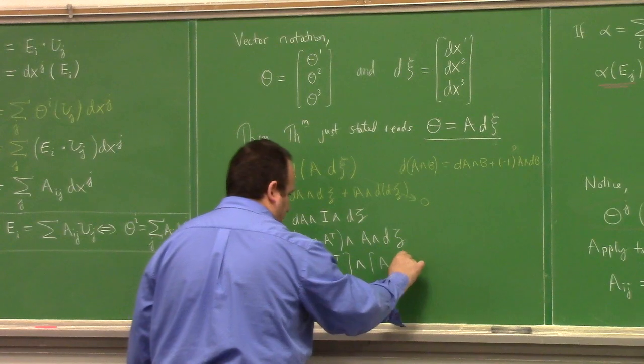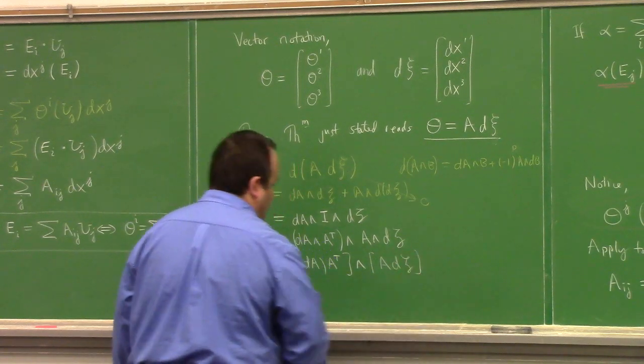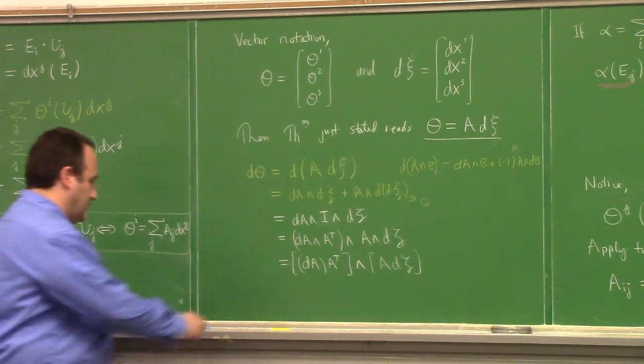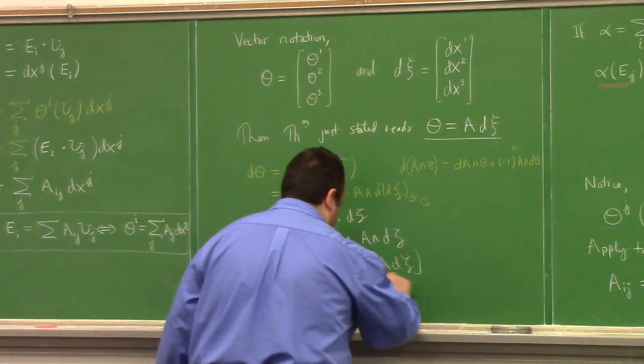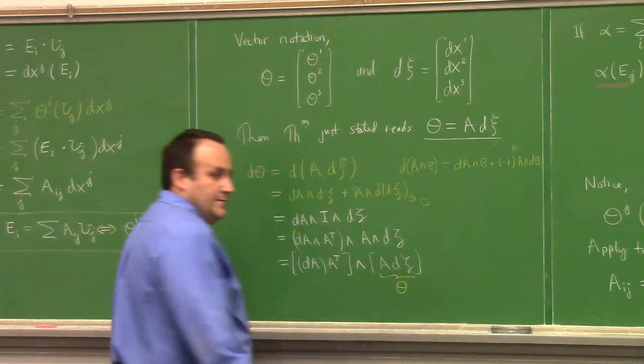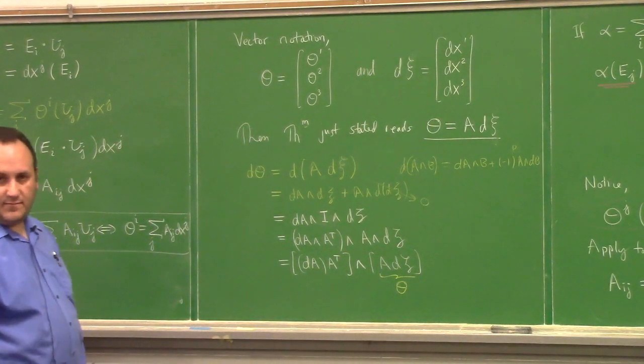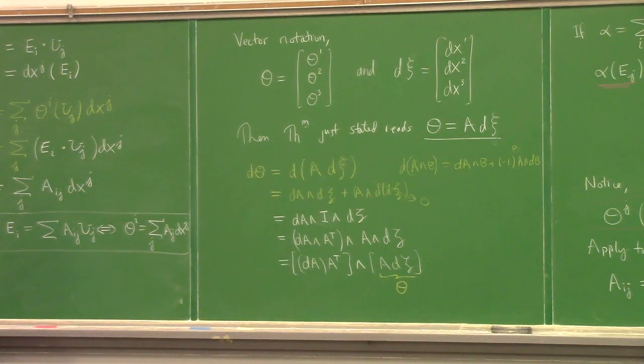What is A d zeta? Well, A d zeta was theta. This is theta. And what's this? No, not the identity. That's omega.